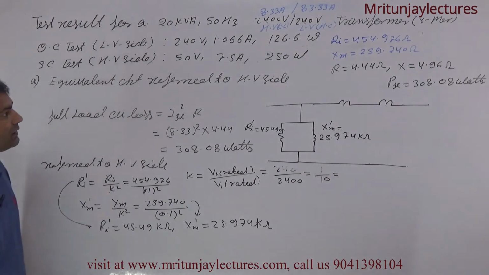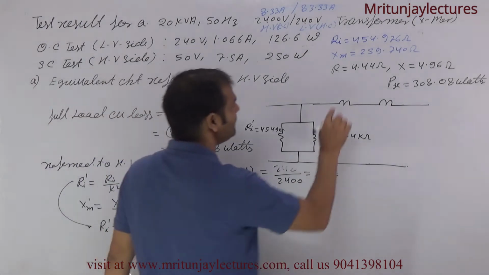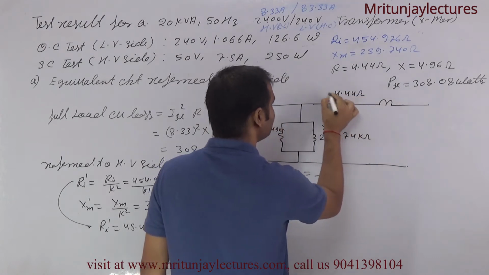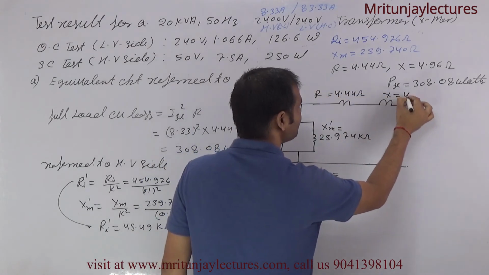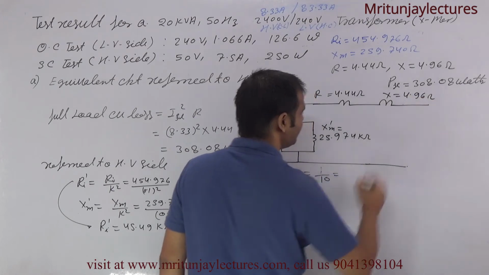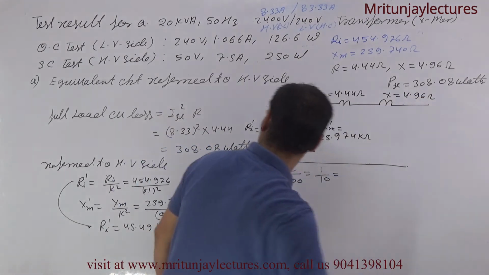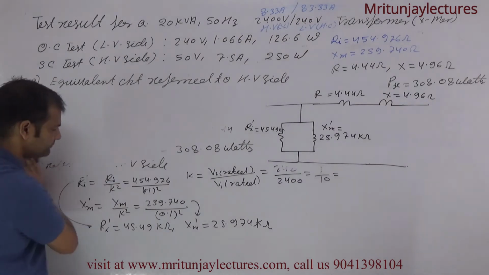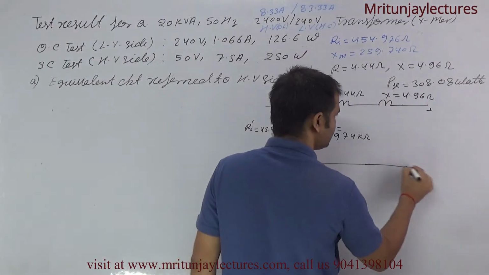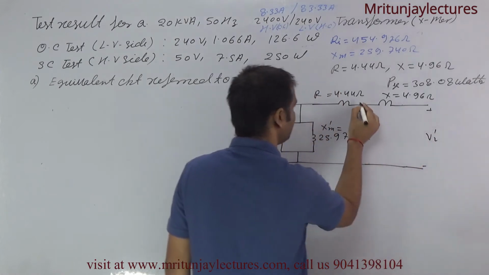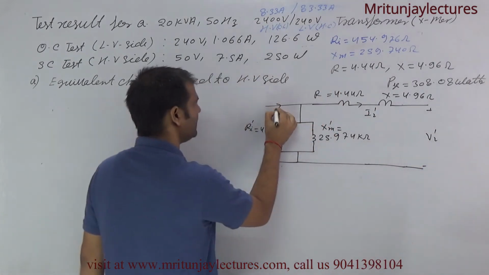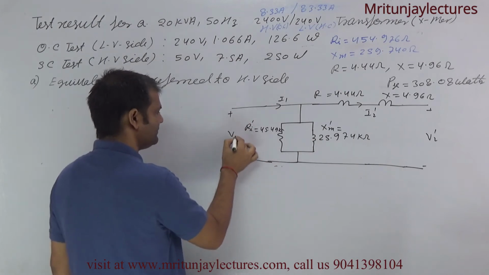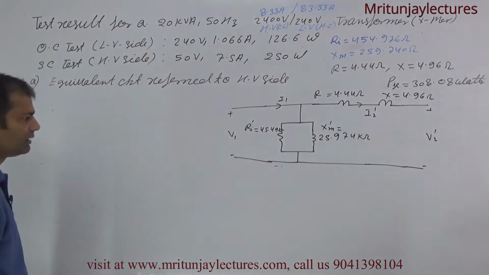What about R? That is 4.4 ohm, and X is 4.96 ohm. That is V2 dash and that is I2 dash, and here I1 and that is V1. Clear?